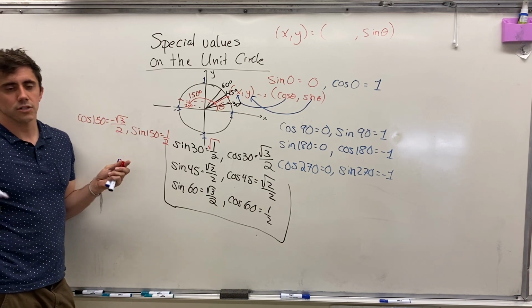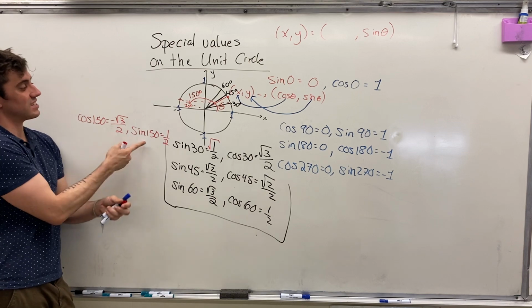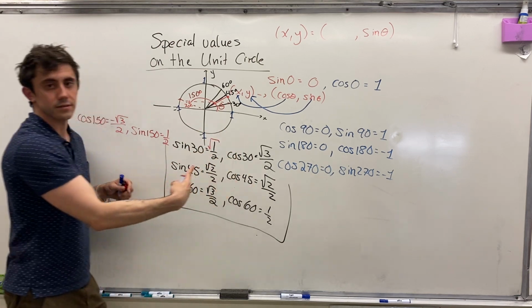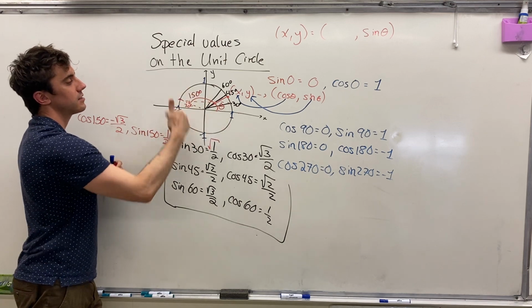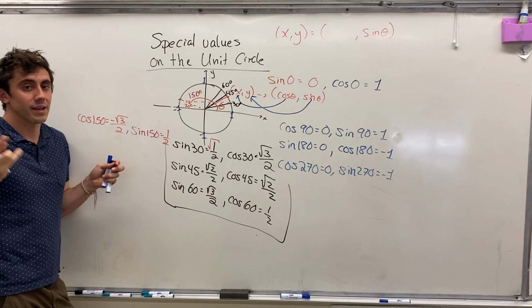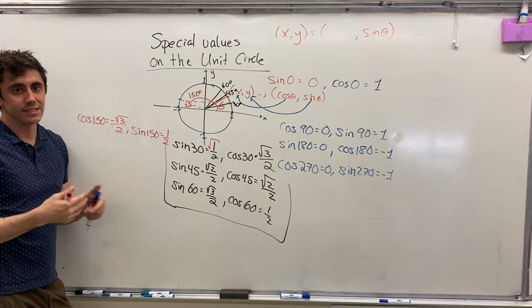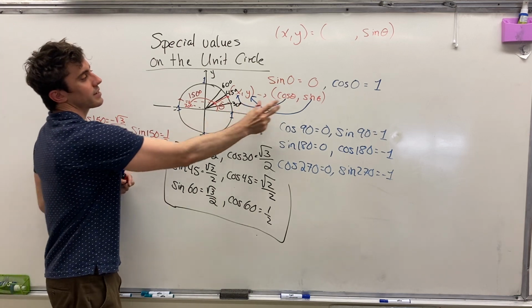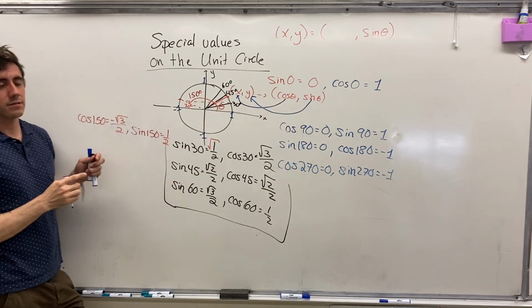That's it. So you don't have to memorize cos of 150 and sine of 150. All you have to know is these values. And then everywhere else around the unit circle can be easily found by simply remembering these two relationships, right?